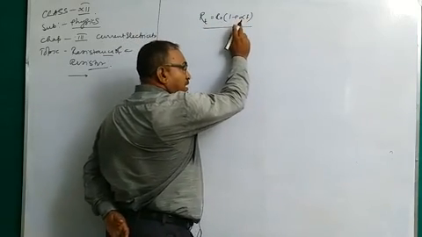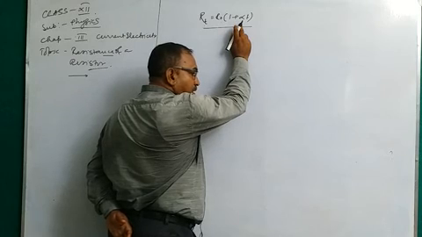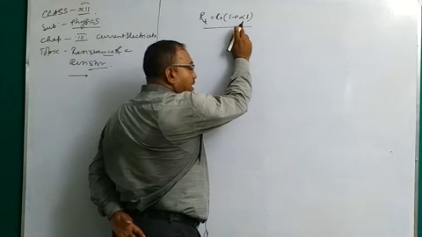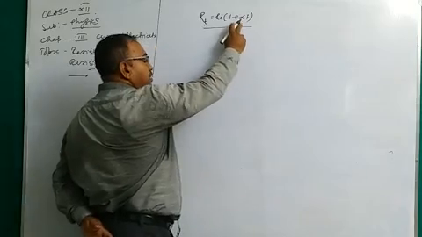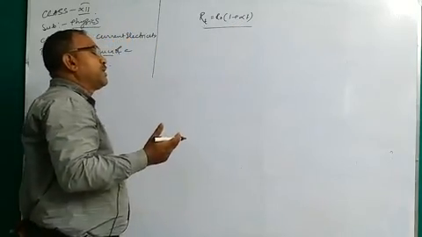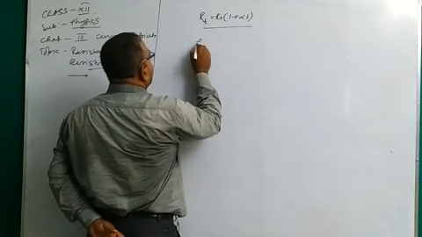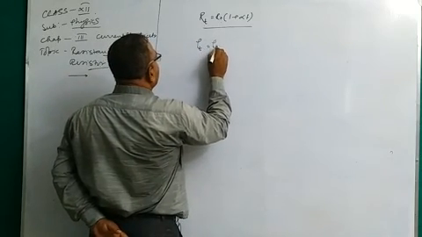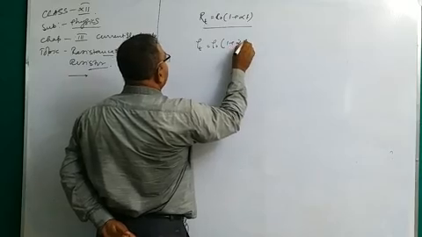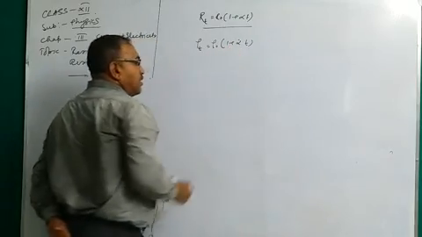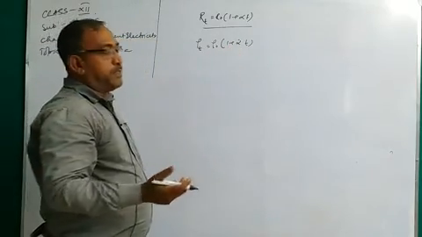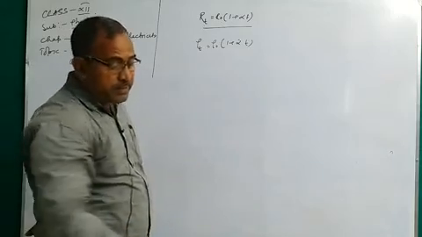Alpha is the temperature coefficient of resistance. For a conductor the value will be positive, for an insulator or a semiconductor it will be negative. Similarly, rho T equal to rho 0 into 1 plus alpha dash into T. This is the temperature coefficient of resistivity. So you know it from your previous class.